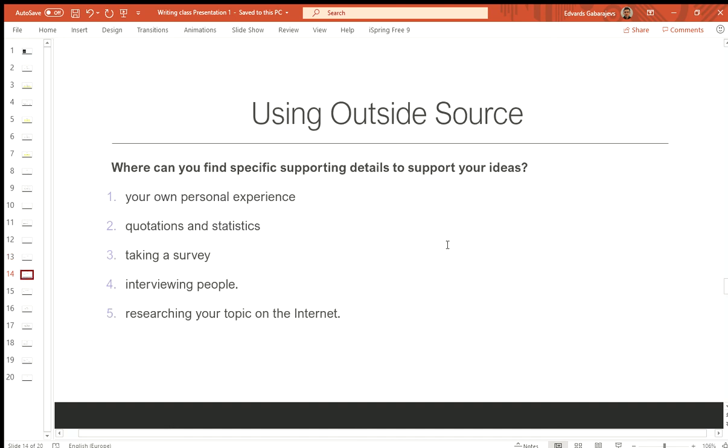So, using outside sources. The next thing that the handout discussed is where we can find these details and other supporting details to support our ideas. So we had some options here, five ideas basically.